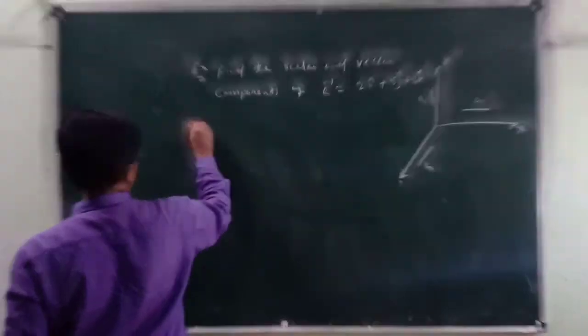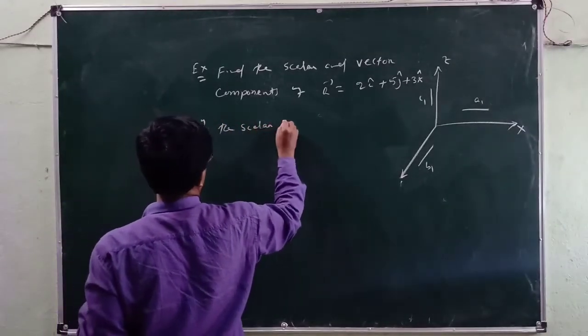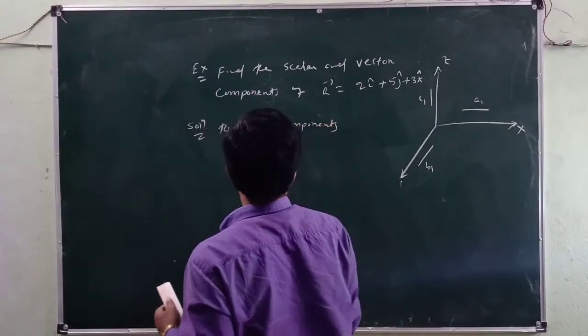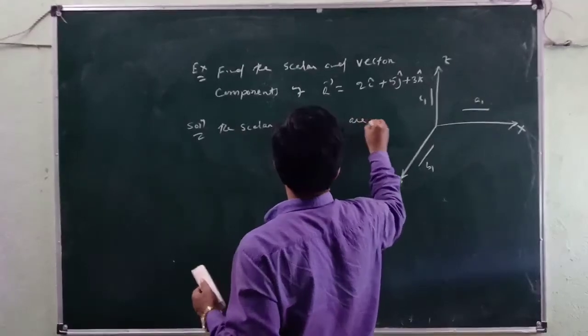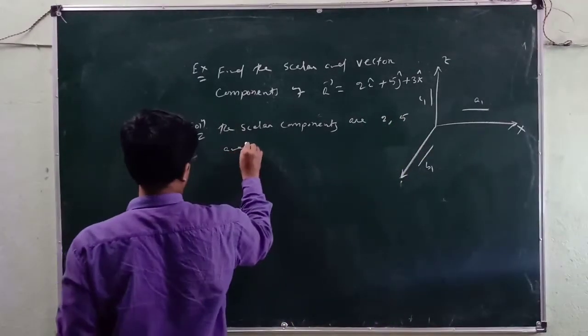In your solution, the scalar components are 2, 5 and 3.